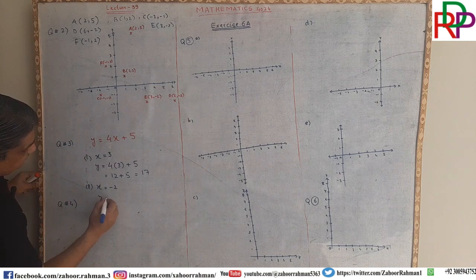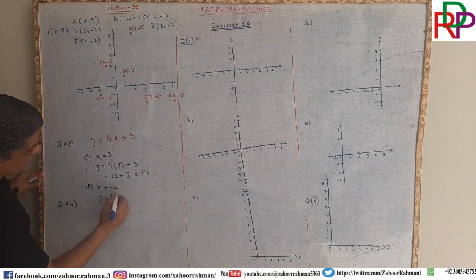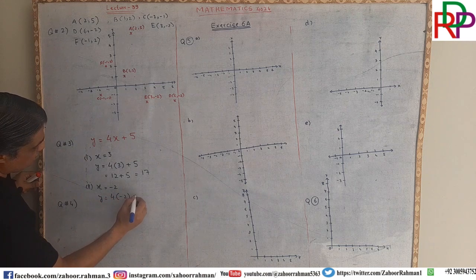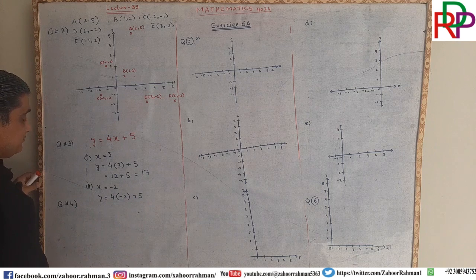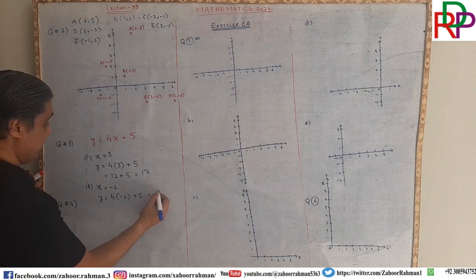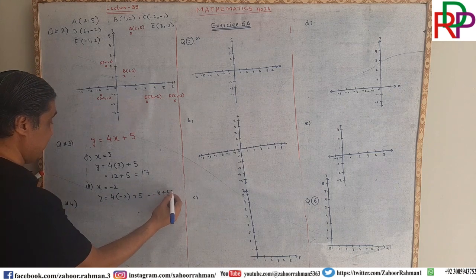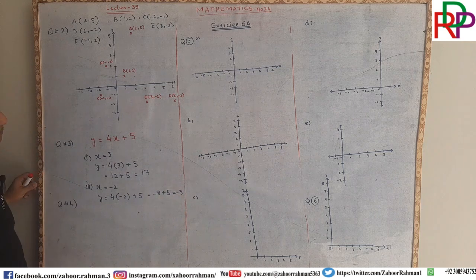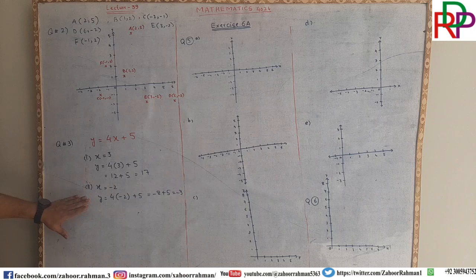So y will be equal to 4 into minus 2 plus 5. So it means minus 8 plus 5, which is equal to minus 3. So in this first example, they given us the value of x, and we found the value of y.